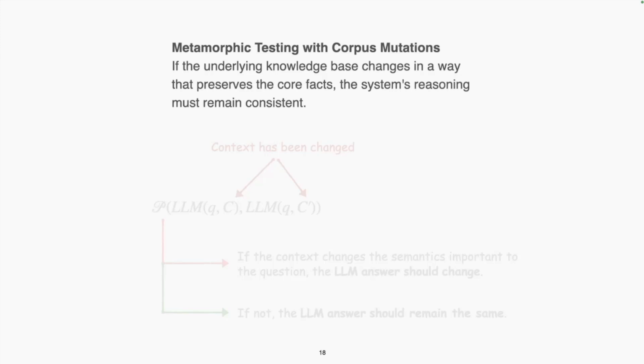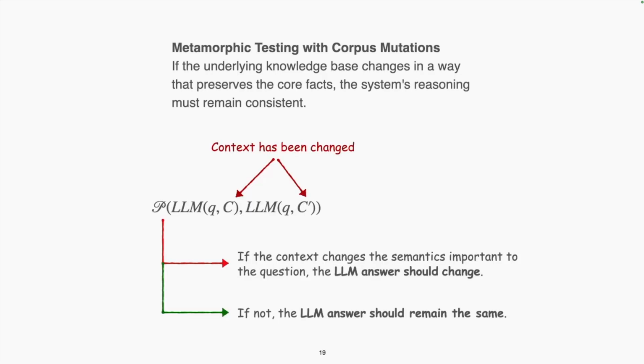By consistent, I mean that if there is a factual change in the document related to the specific query, the answer to that query should change. Or if the change is not related to the specific query, or is just a syntactic change, then the answer should remain the same. With these two ideas, I propose two different metamorphic relationships.